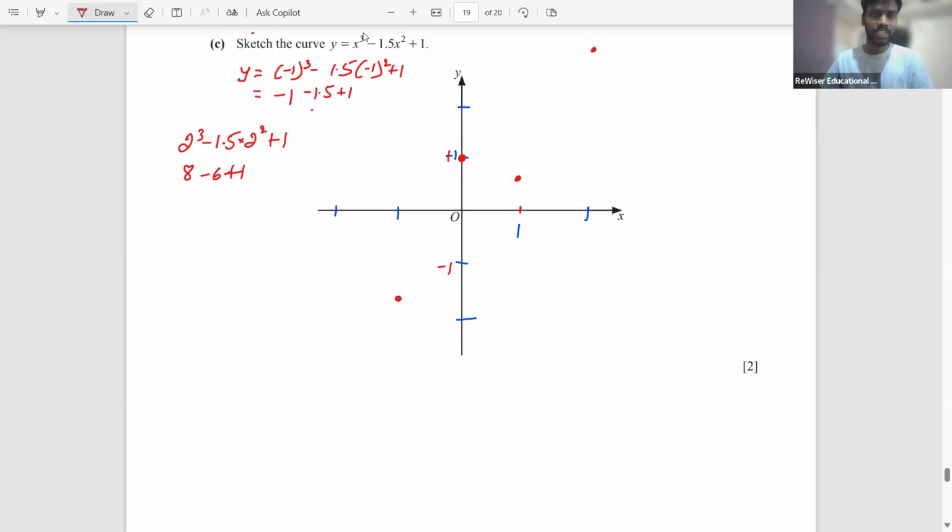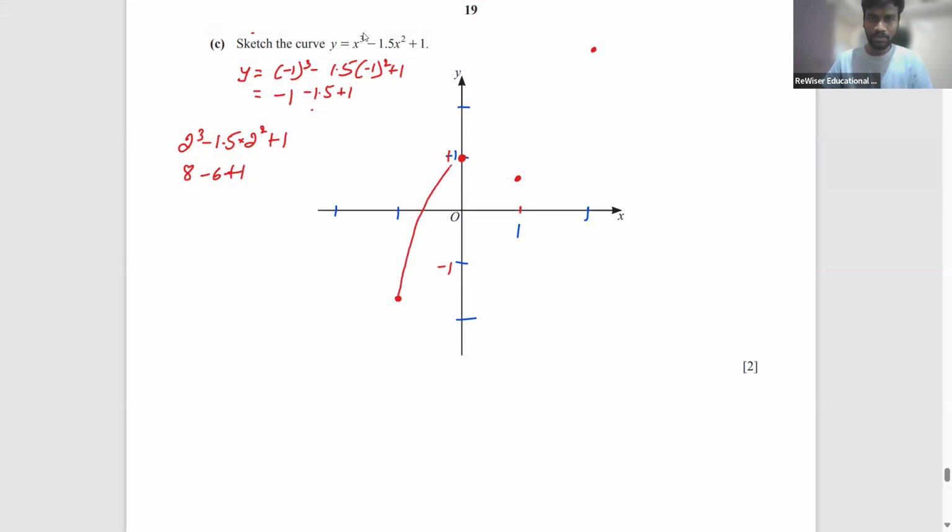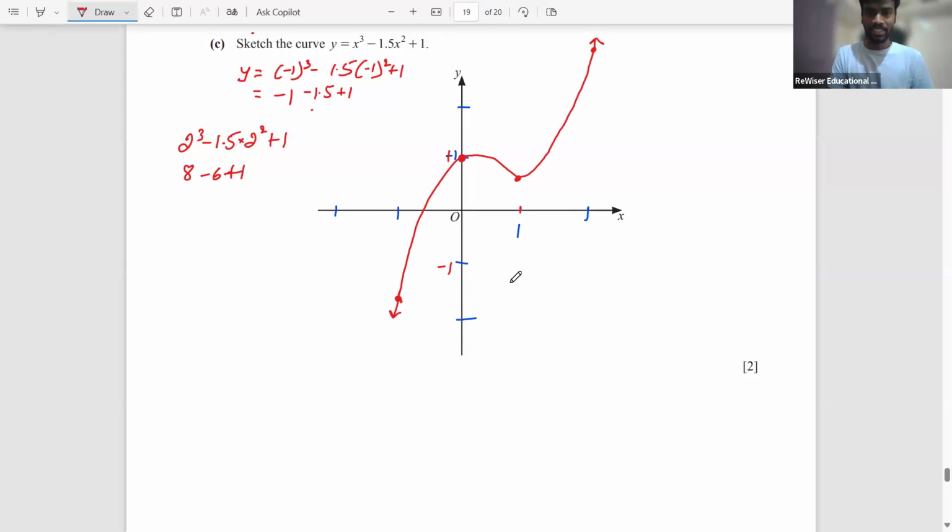So we can just plot this graph by connecting these points. And this should be the answer for this graph. And these are the types of questions that we will be having based on this differentiation.